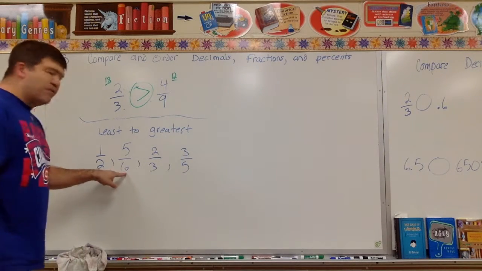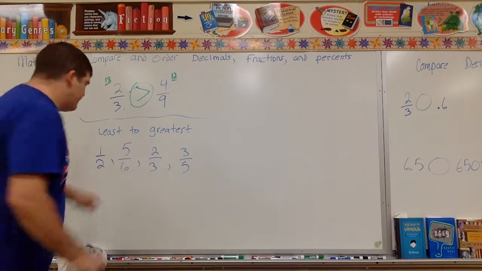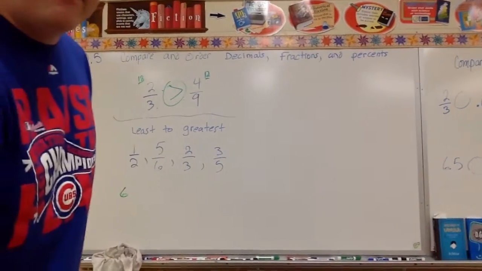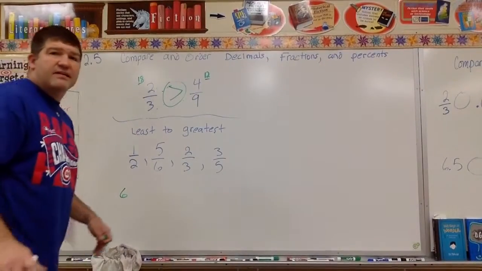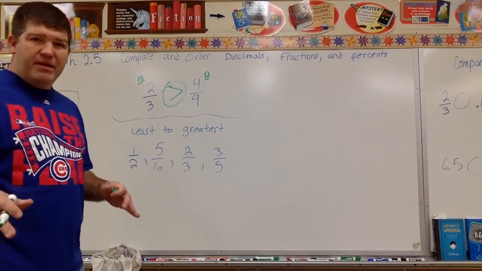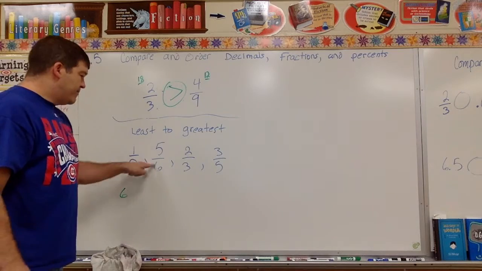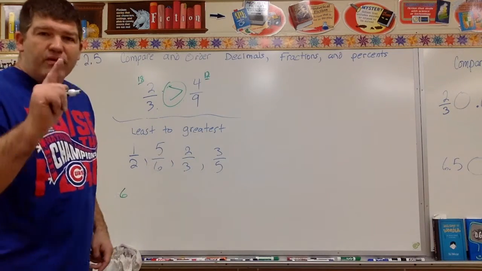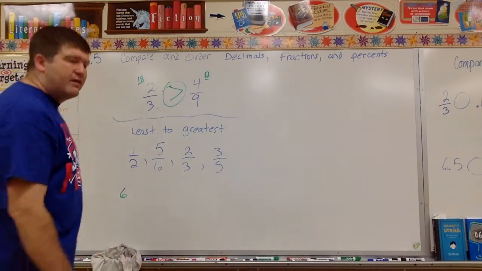So what I'm going to do is start with the biggest denominator, which is 6. I ask myself, does everything go into 6? If everything goes into 6, we have the common denominator. 2 goes in, yep. 6 goes in, 3 goes in, 5 does not. If only 1 doesn't work, it doesn't work at all.